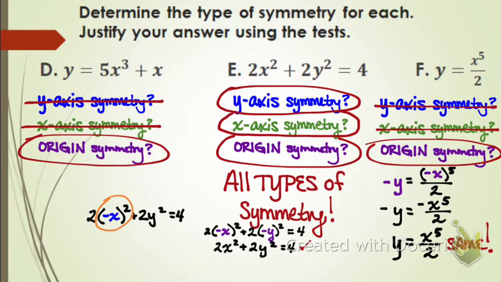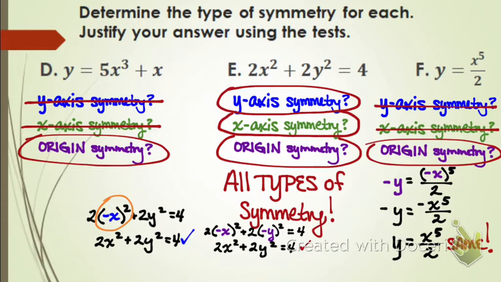When I take a negative number and I square it, it becomes positive. And so I have y-axis symmetry. My x-axis symmetry would work the exact same way. I would just replace the y and I wouldn't change x at all. But then when I square it, it becomes a positive. So my whole equation overall remains unchanged.